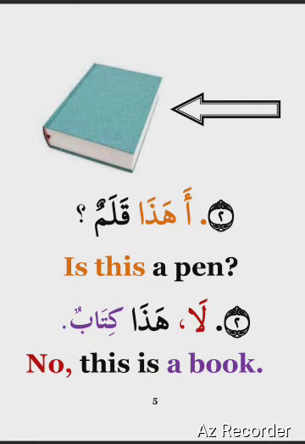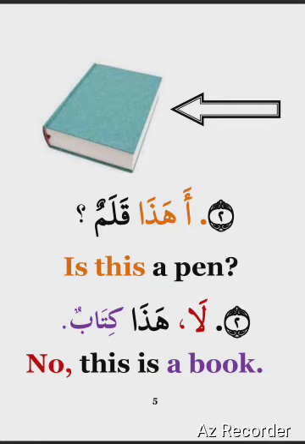This is a book. أهذا قلم؟ Is this a pen? لا, no. هذا كتاب. This is a book. أهذا قلم؟ لا، هذا كتاب.